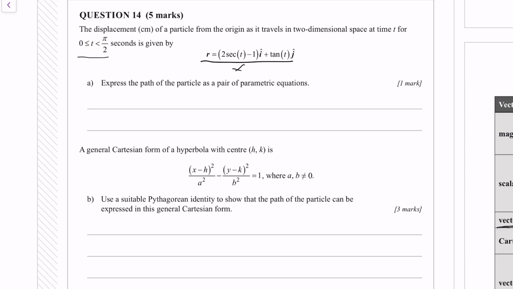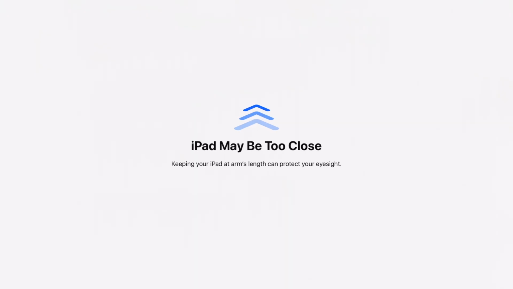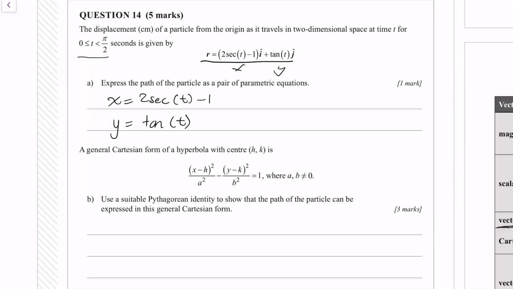Basically, this is x, this is y. So it was pretty easy. Again, I don't know why they put this on the specialist math paper, but they did. It's literally just copying what is in the equation for x and y. All right, and then that's our mark there.